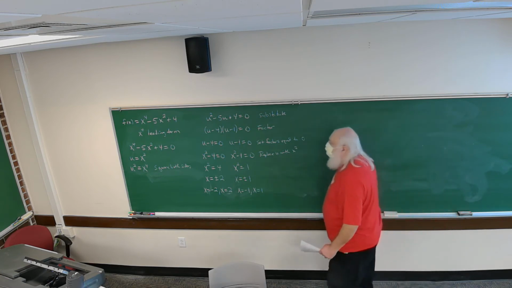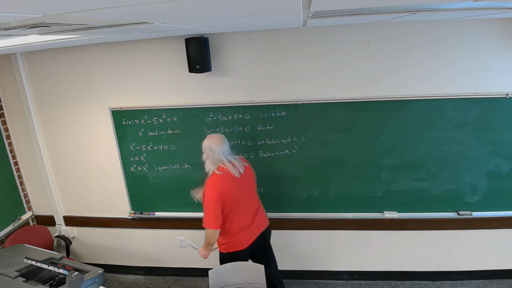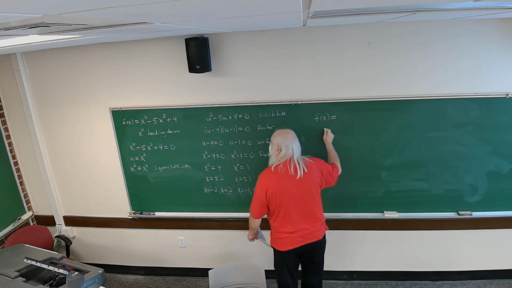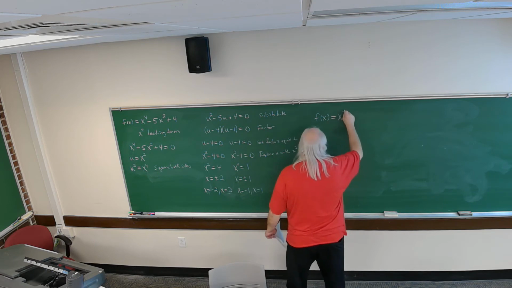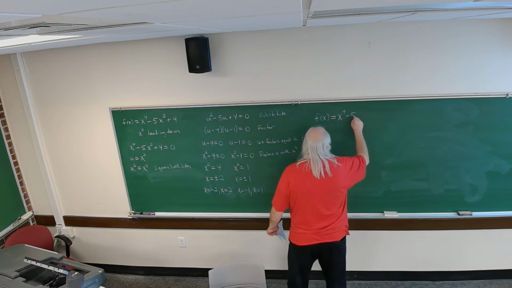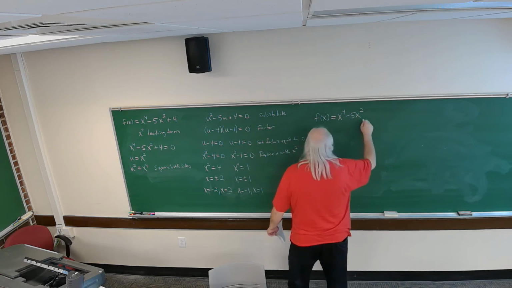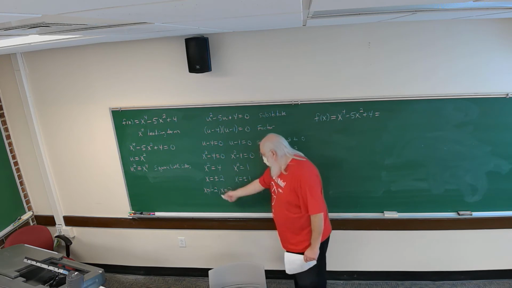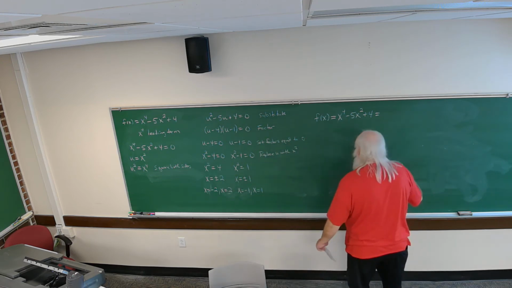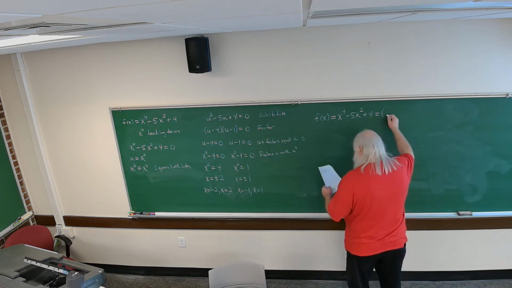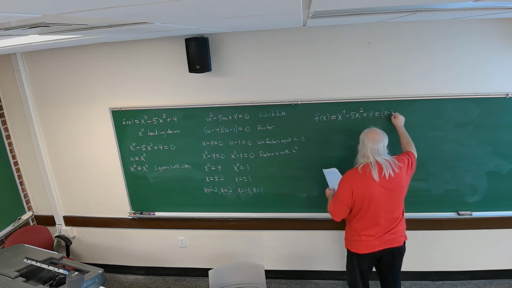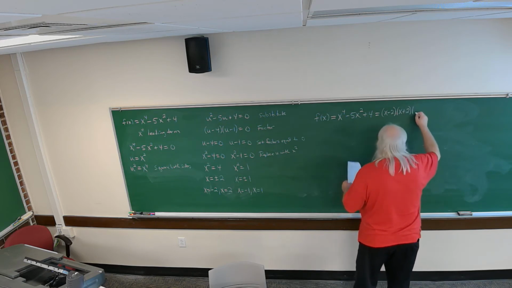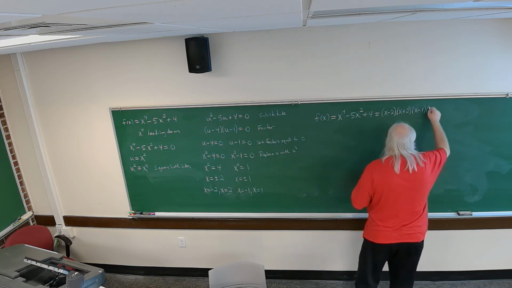So this polynomial function, x to the 4th minus 5x squared plus 4, factors into x minus 2 times x plus 2 times x minus 1 times x plus 1.